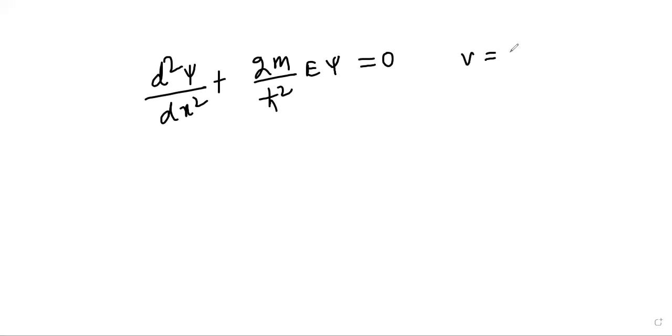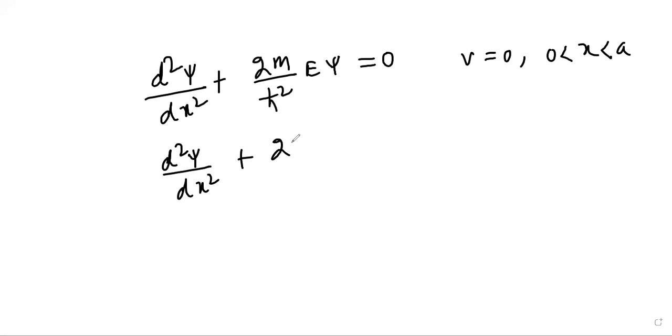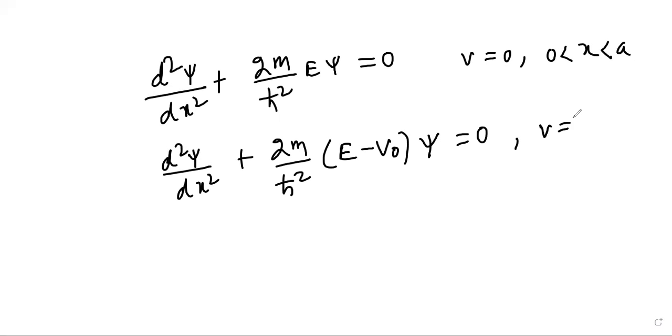This is for V equal to 0 and x between 0 and a. The other one: d squared psi by dx squared plus 2m by h bar squared into E minus V0, psi equals 0. This is for V equal to V0 and x lying between 0 and minus b.